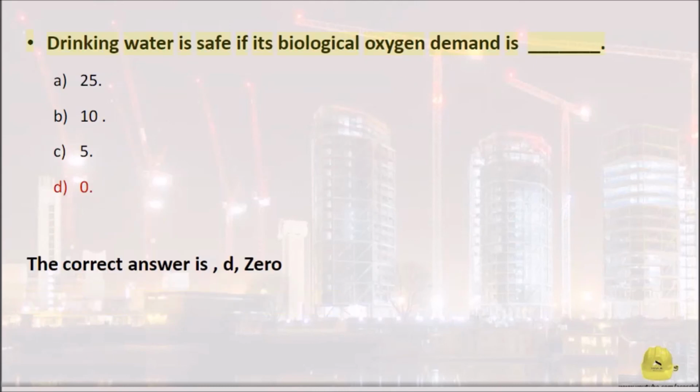Drinking water is safe if its biological oxygen demand is: A. 25, B. 10, C. 5, D. 0. The correct answer is D. 0.